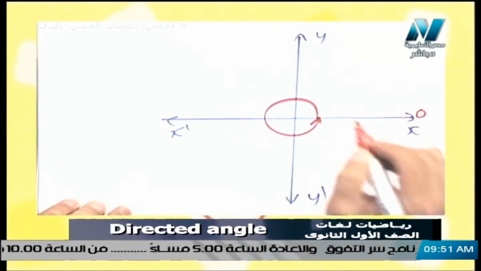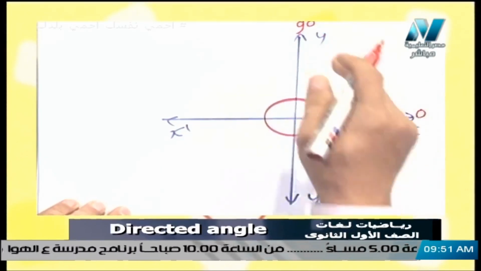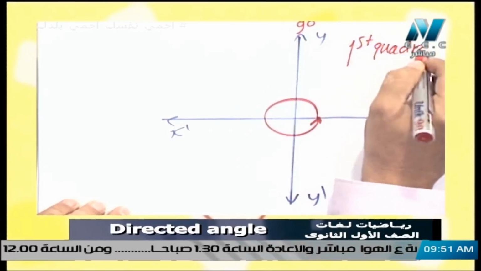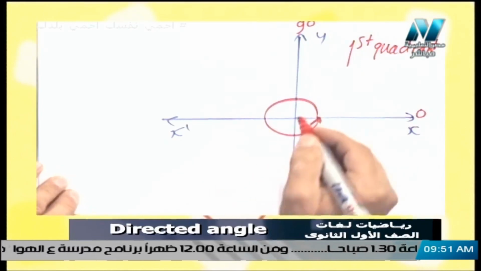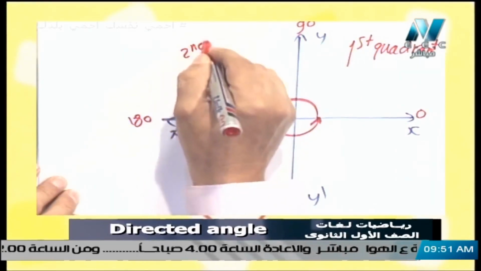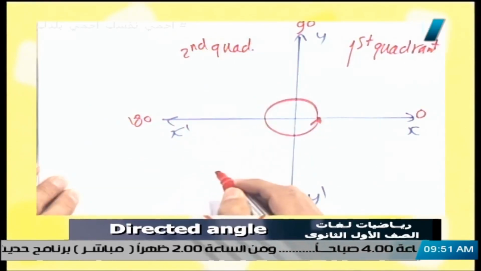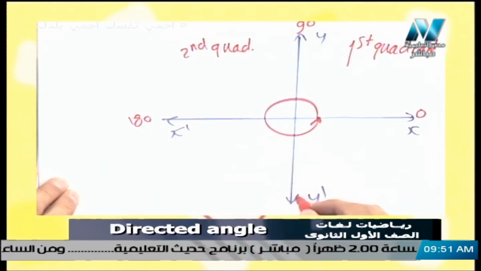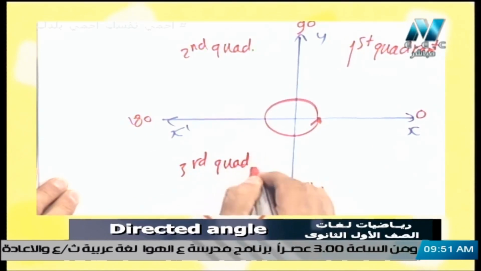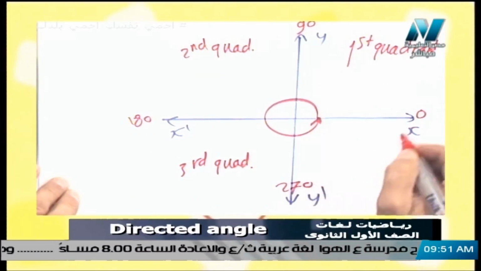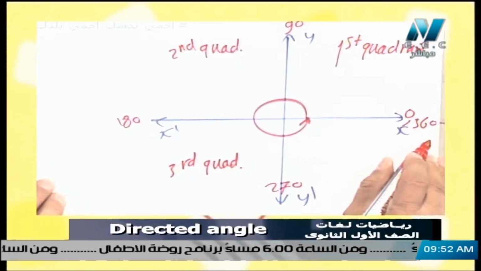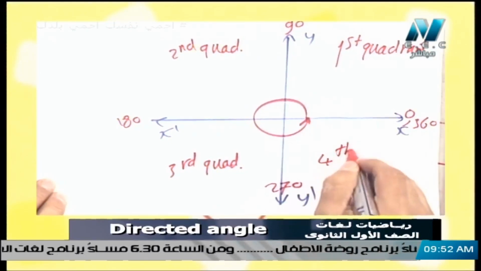From the angle 0 to 90, or between 0 and 90, we have the first quadrant. And between 90 and 180 here, it's the second quadrant. And between 180 and 270 here, it's the third quadrant. And from 270 to 360, it will be the fourth quadrant.